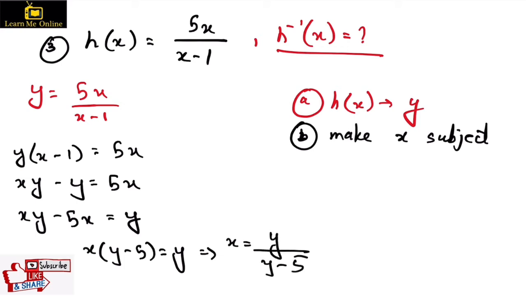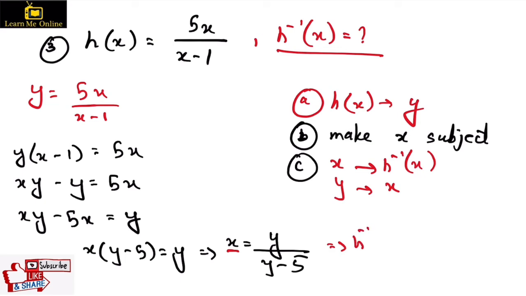Once you have made x the subject, the third step is to change x to the inverse function, h inverse of x, and y is changed to x. So this x is going to change to h inverse of x, and all the y's are written as x now. The denominator would be x minus 5, and that's the inverse function of h.